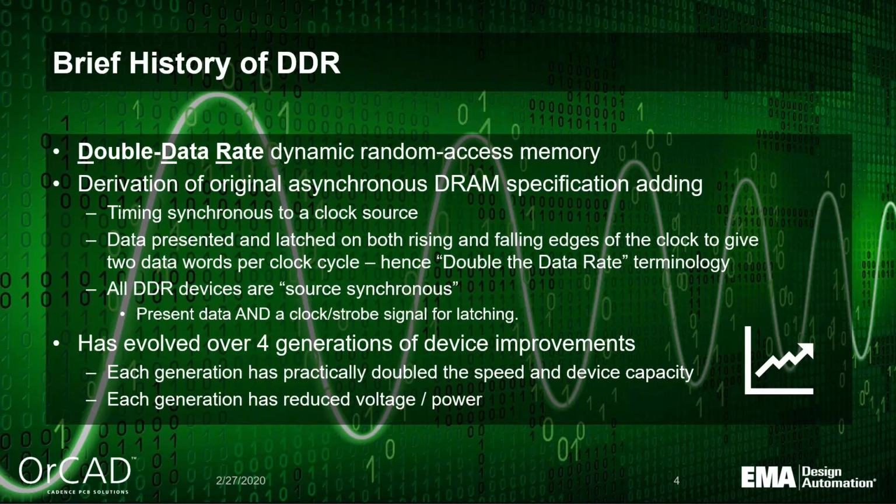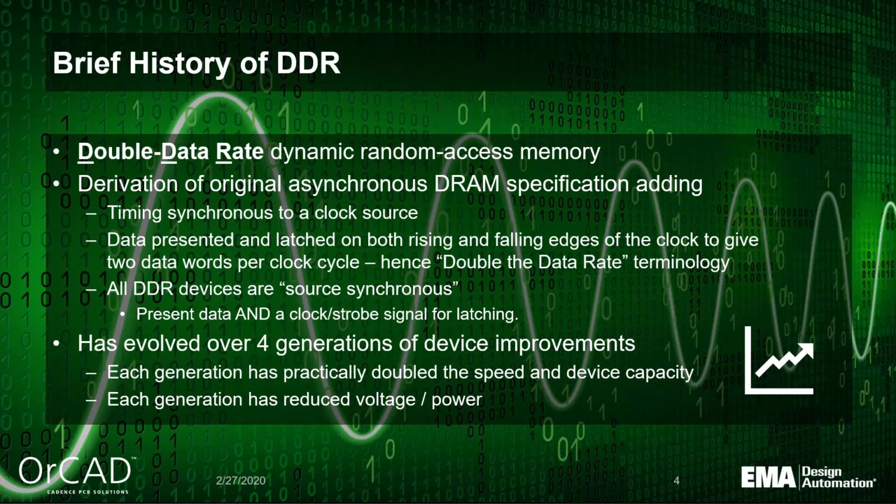Then the double data rate comes in as they've promoted the technology to provide data synchronous to both the rising and falling clock edges. So you get essentially two words for every clock cycle, one on the rising edge, one on the falling edge.